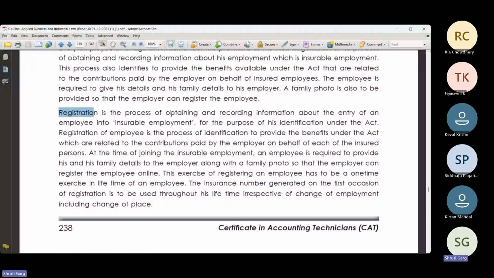Basically, registration is the process of obtaining and recording information about the entry of the employee into the insurable employment for the purpose of his identification under the Act. Registration of an employee is the process of identification to provide the benefits under the Act which are related to the contribution paid by the employer on behalf of each insured person.